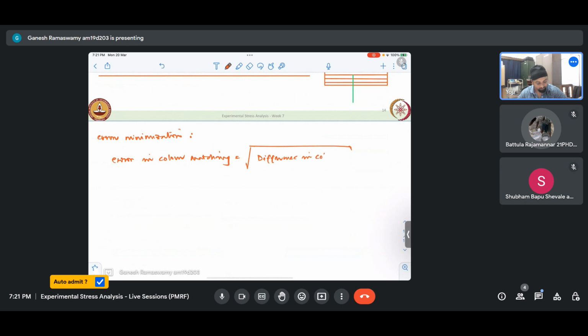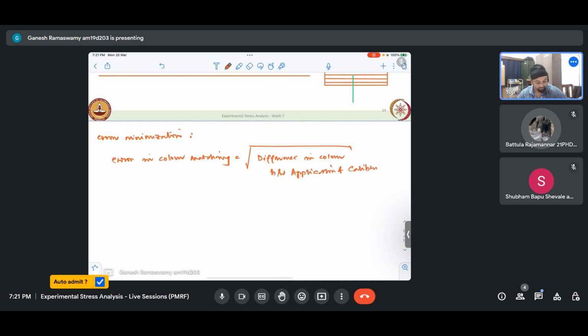The difference in color between application and calibration.